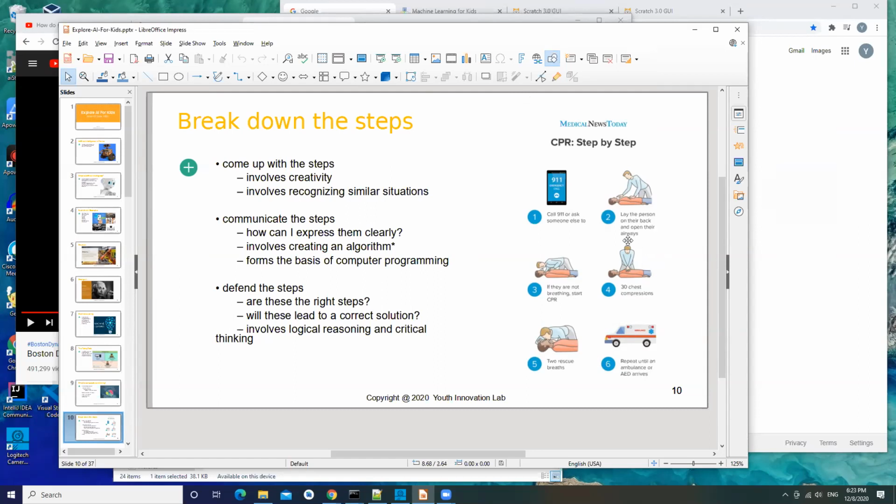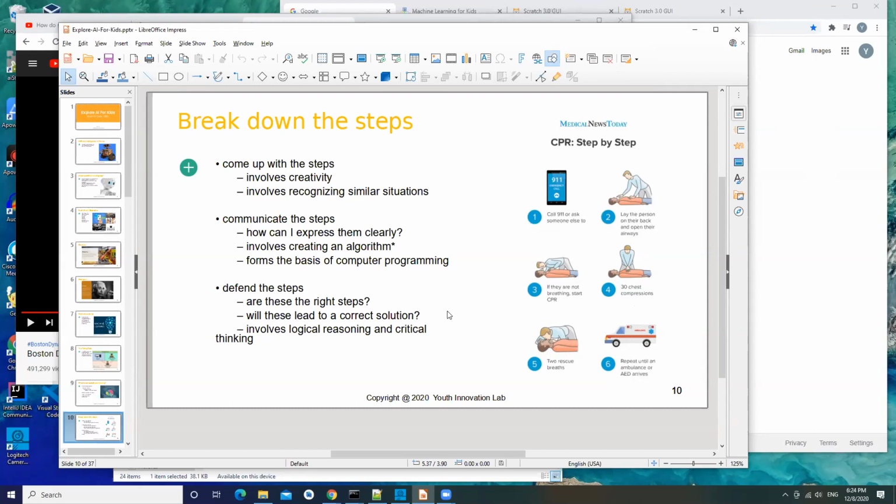And if they still are not able to, you have to save the life, so you will do this step, right? And in the end, you may hear the ambulance coming over, say, oh, it's really coming. That's great. So in between this 911 call and the ambulance coming, you will do this step to save this guy's life. So that's really how we break down the steps.